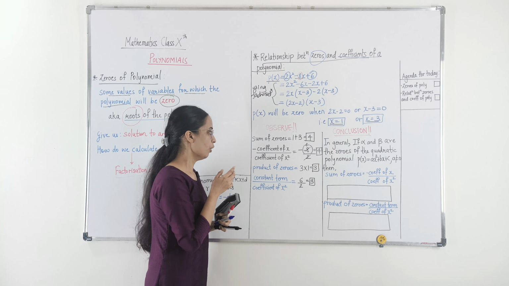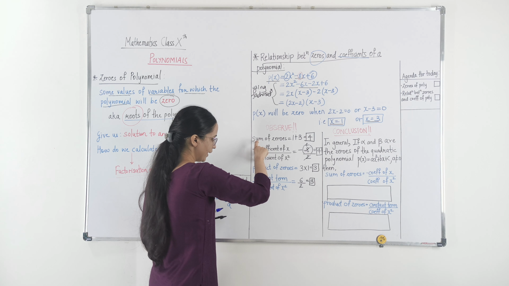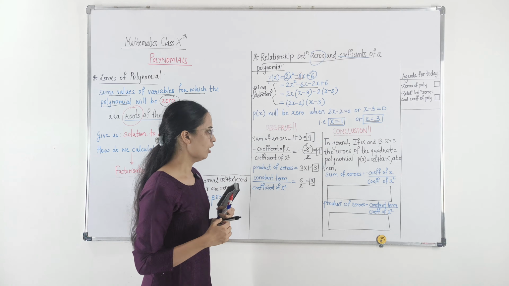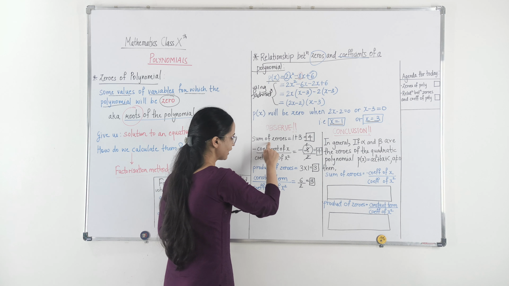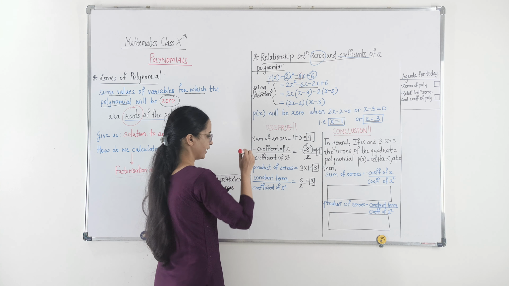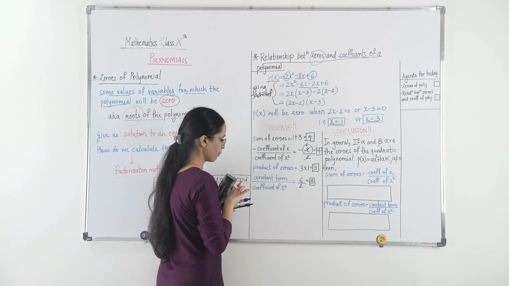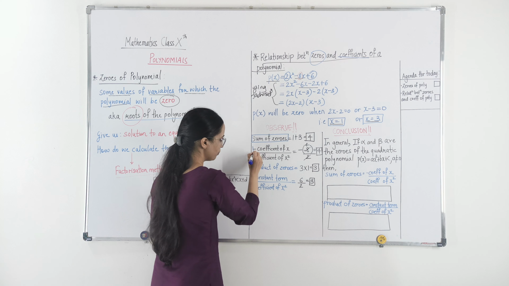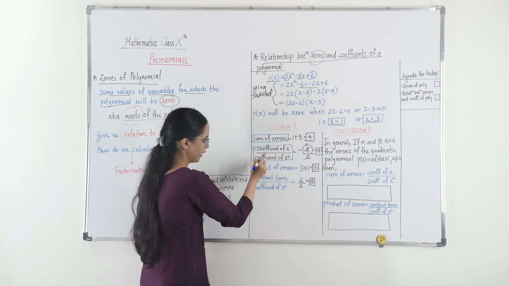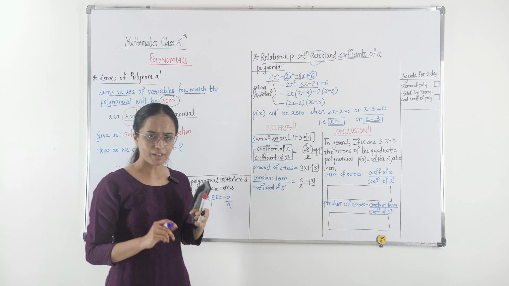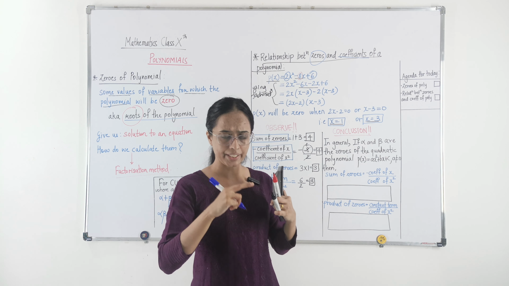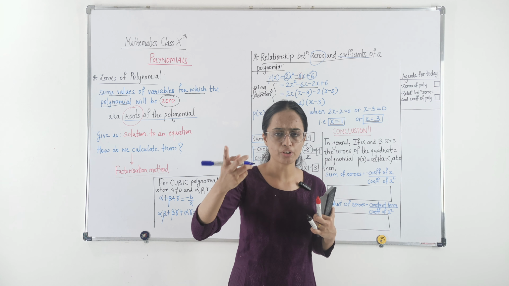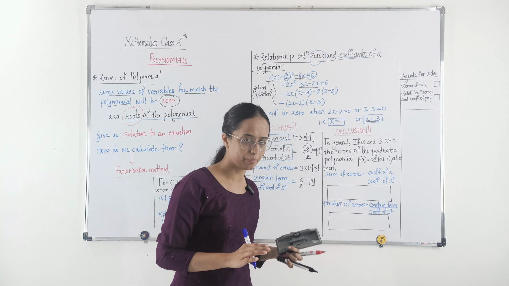When you compare these terms with each other, we get that the sum of the zeros, that is when you add the zeros of a polynomial, comes out to be equal to this quantity. And what is this quantity? You take the fraction of the coefficient of x and x square, and you multiply it with a minus sign.